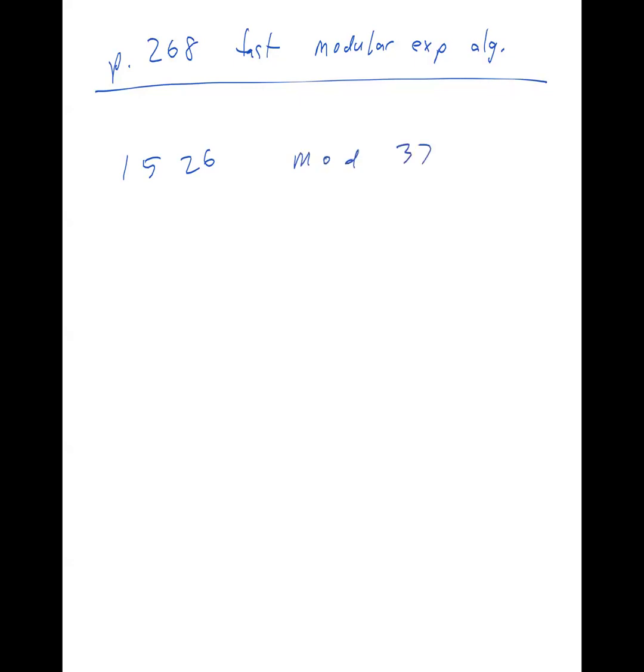1526 mod 37. And just to save time, what we're going to try to do is find the prime factors of 1526. So let's go to the internet. Prime factors of 1526.